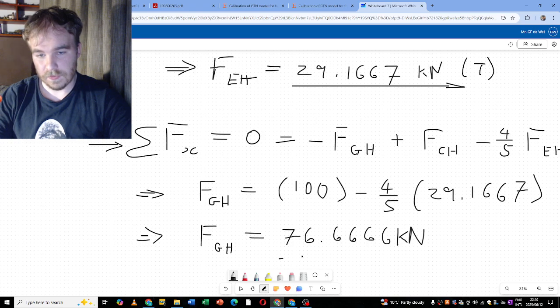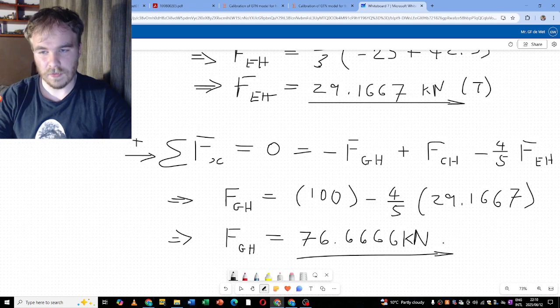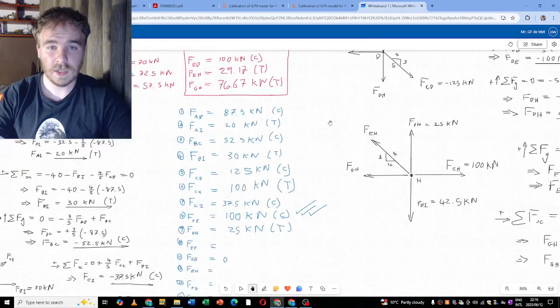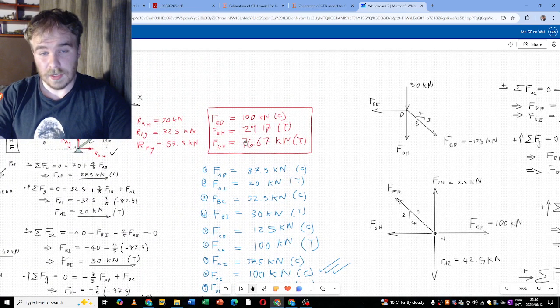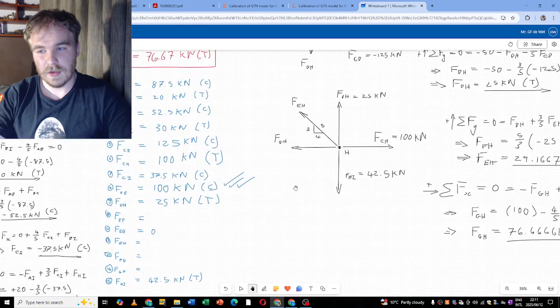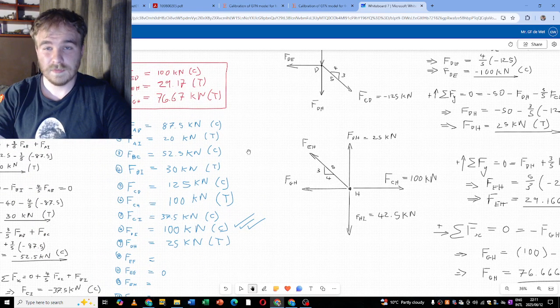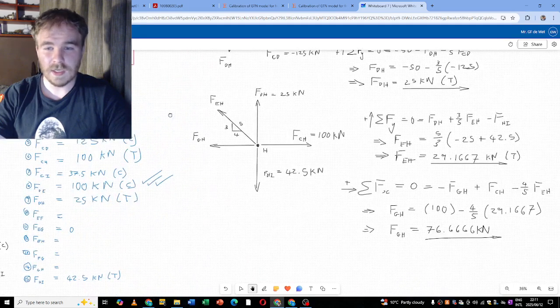I think we have a decimal off, but that's probably due to the number of significant figures that we used. And it's 76.67. I think last time we got 76.66667, and now it's 66666. But anyway, that's so small off. You can clearly see that it's the same value.